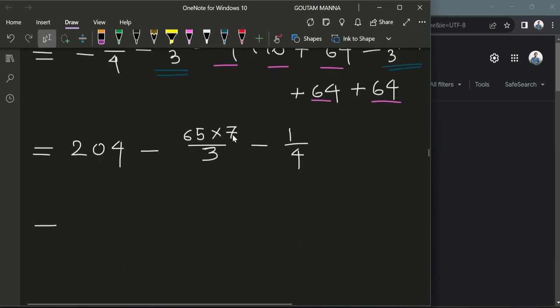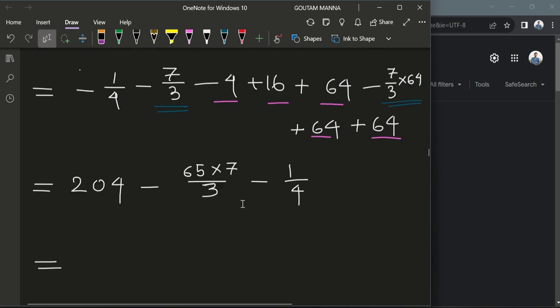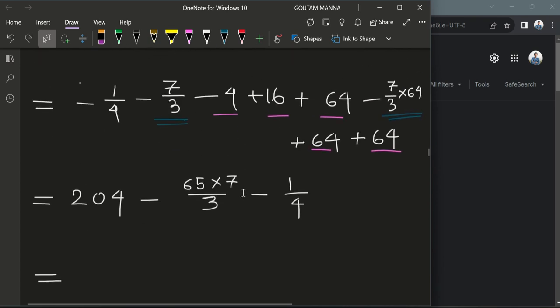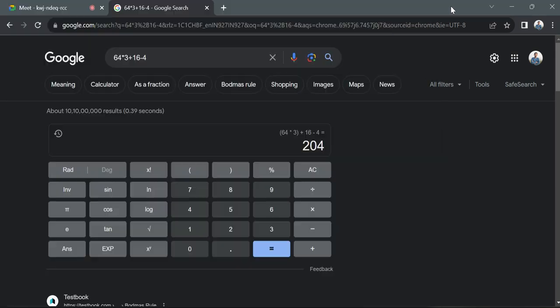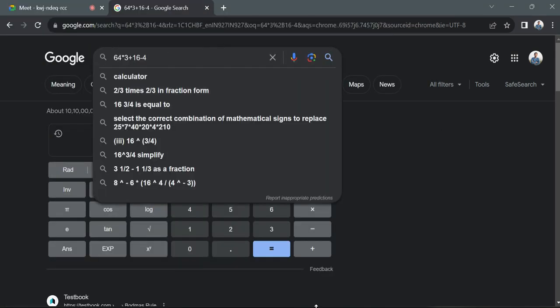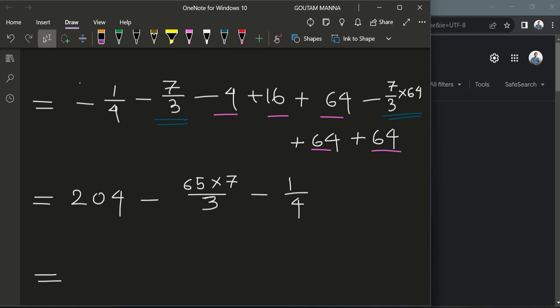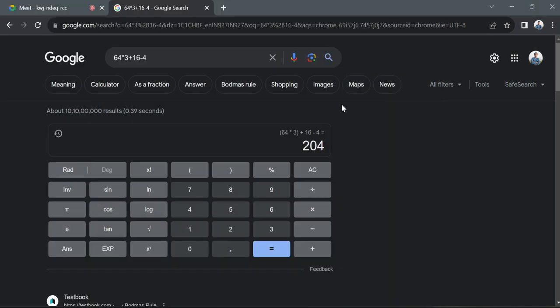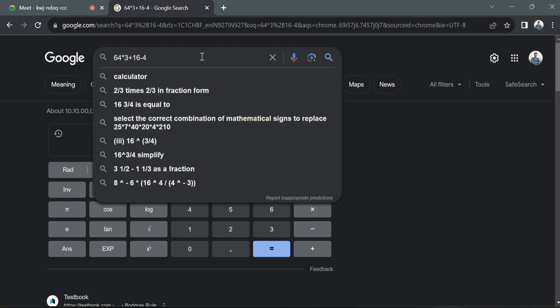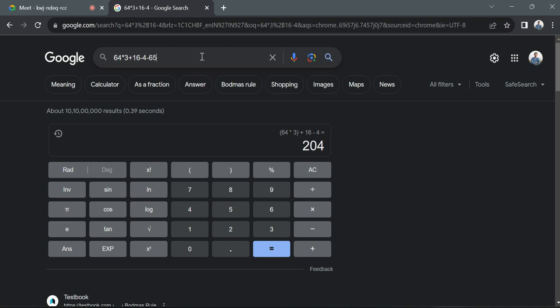and if I do this calculation, let me calculate, 65 minus 5 times 7 by 3 minus 1 by 4 minus 1 by 4.